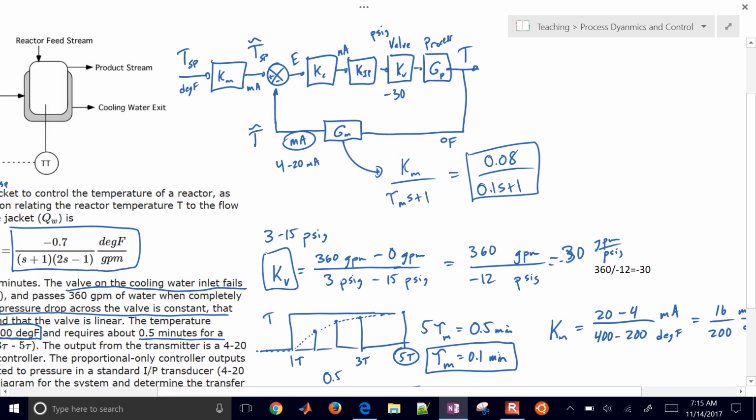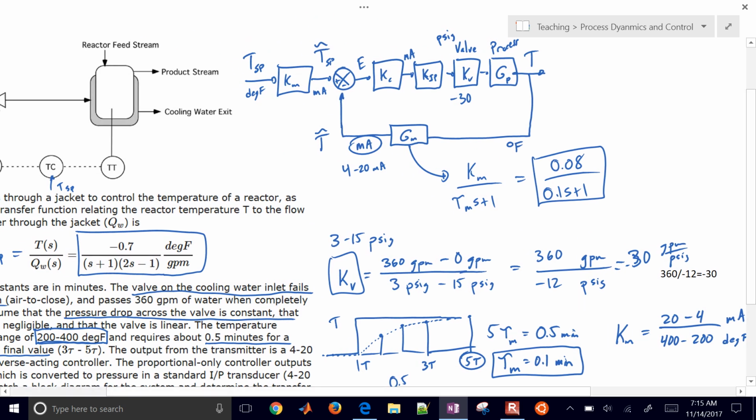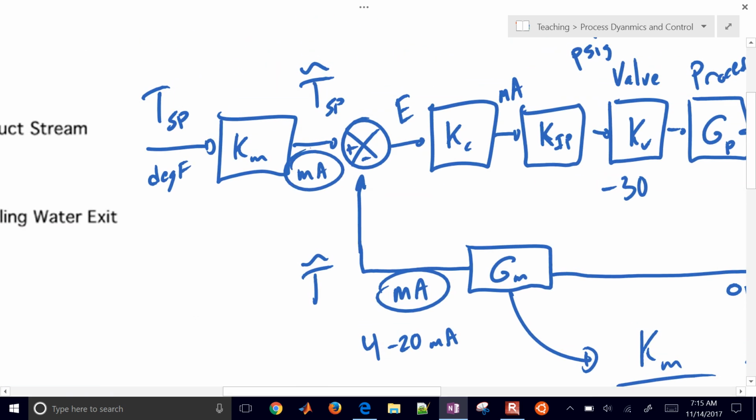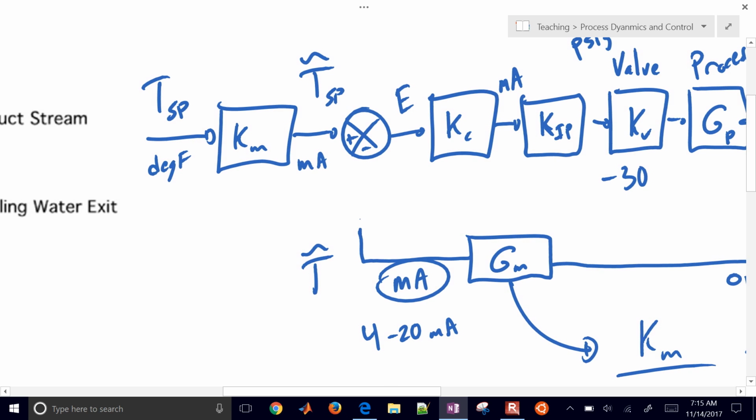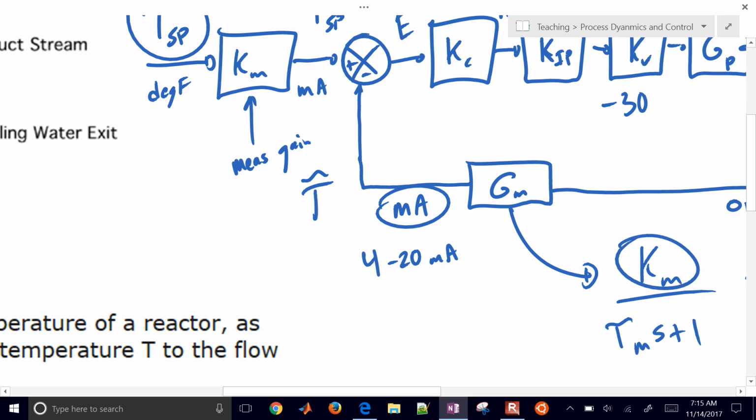Now, so we can compare milliamps here to milliamps there, we need to convert the temperature set point right here into a milliamp. The way we do that is we just take the measurement gain, the same Km that was used down here, and insert that right up there.